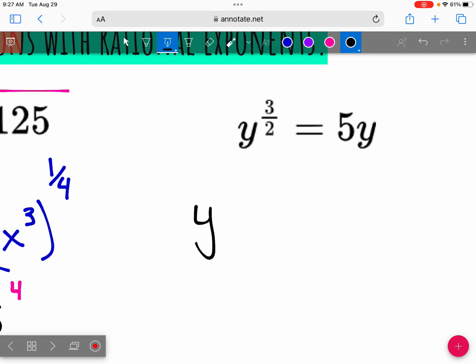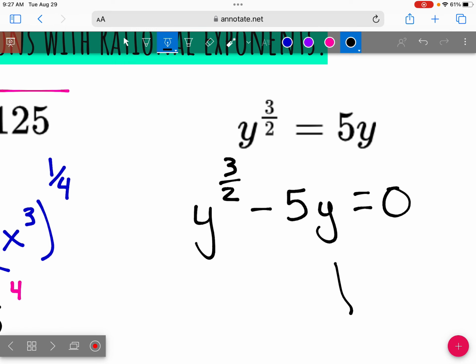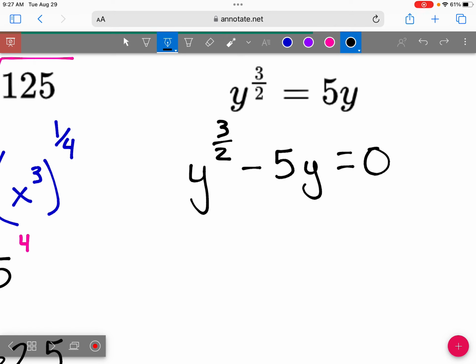So we're going to have y to the 3/2 minus 5y equals 0. Can I take a GCF out of any of those? Y. They both have y's in them. So if we factor out a y, how many y's are left if I take y out of y to the 3/2? If I take 1 out of 3/2, how much is left? 1/2.